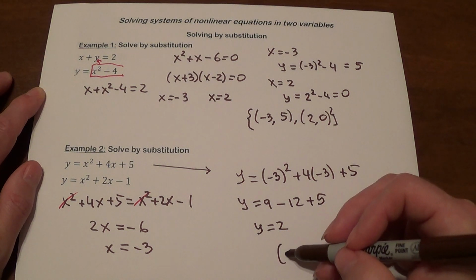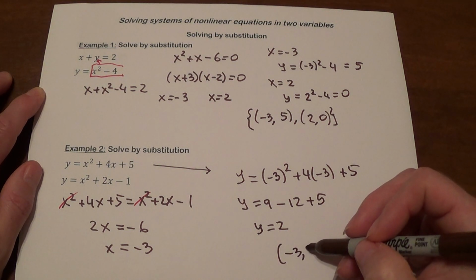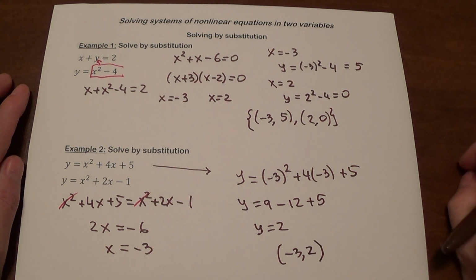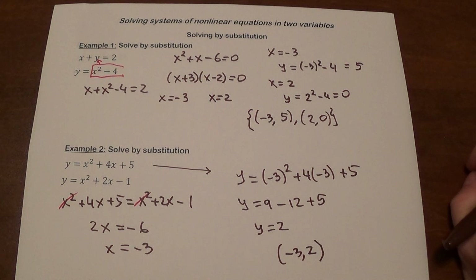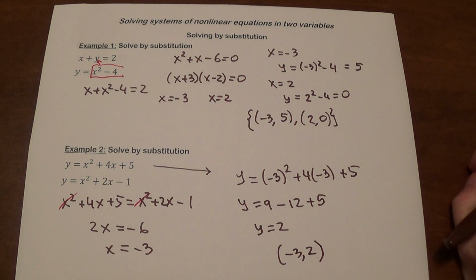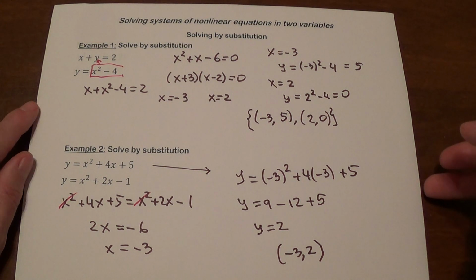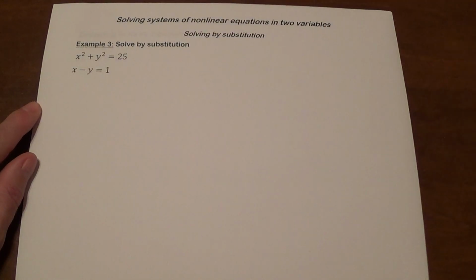And the solution here is going to be just 1 point, negative 3, 2. I do recommend, especially when you're starting with these equations, that you take any solutions that you got and substitute them into both equations, just to make sure that you have a true statement in both of them.